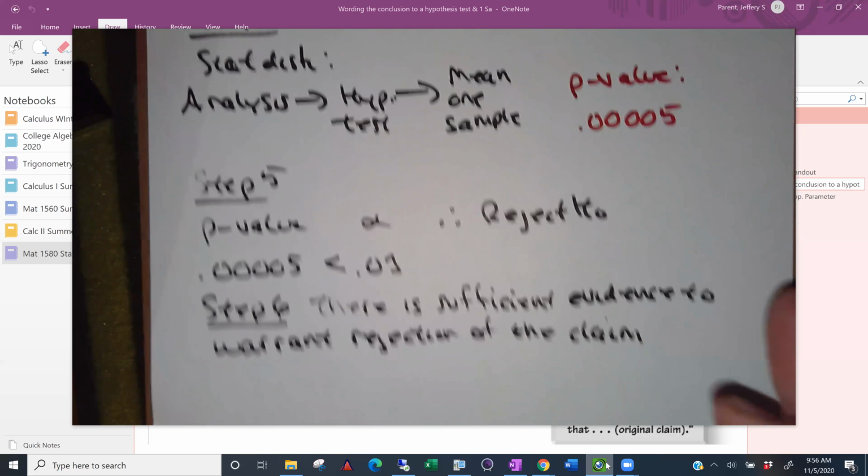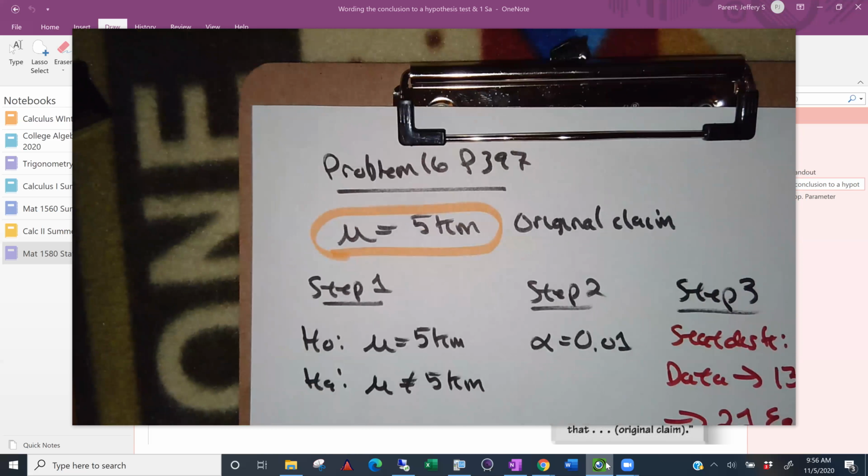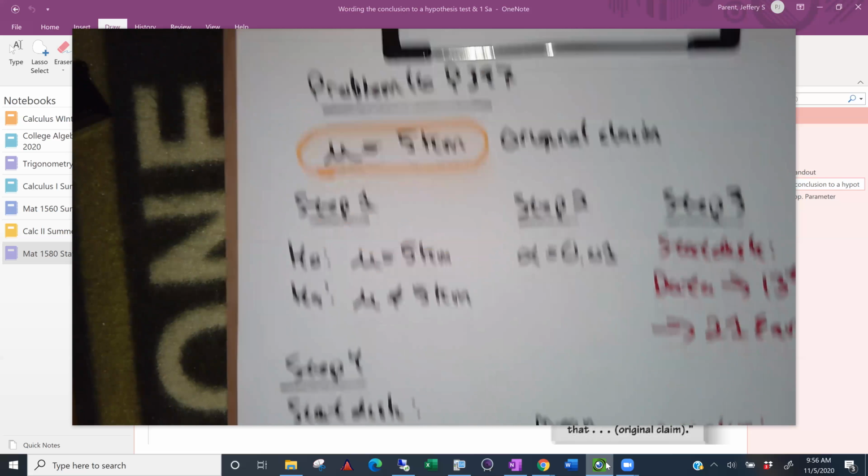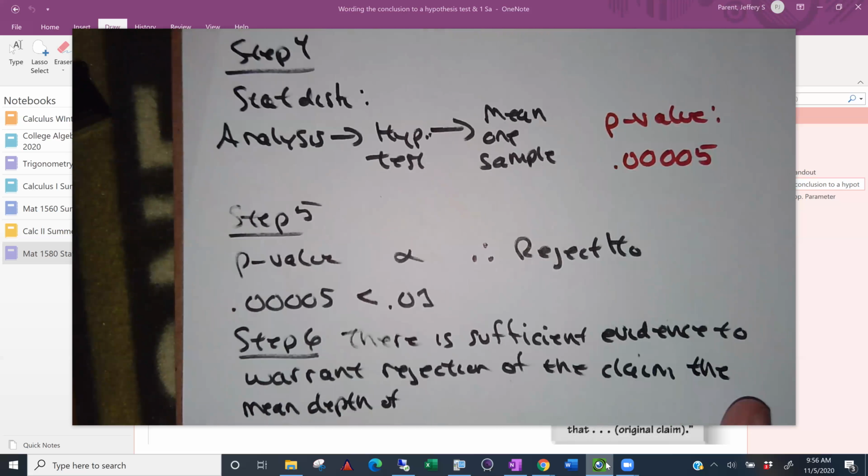What would be some good words for this? I tried that there is significant evidence to warrant rejection of the claim that these earthquakes are from a population with a mean of 5 kilometers. Does that work? Wow, that's great. Thank you. That's even better than what I'm going to write. I copied it from the book.